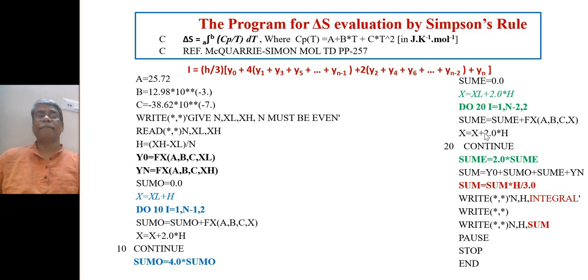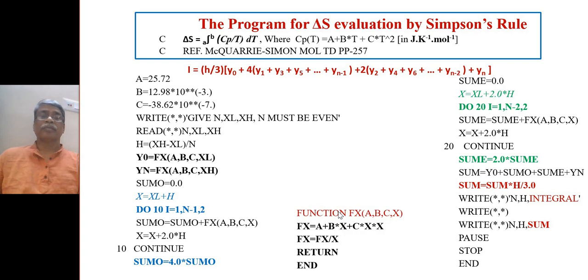So we are getting the even points here, and then finally you are multiplying by 2, but here you are multiplying by 4, trapezoidal and Simpson, and then we are finally adding y0 and yn, and multiplying by h by 3, we are getting finally the sum, and that is the integral, the sum. So that is the integral.